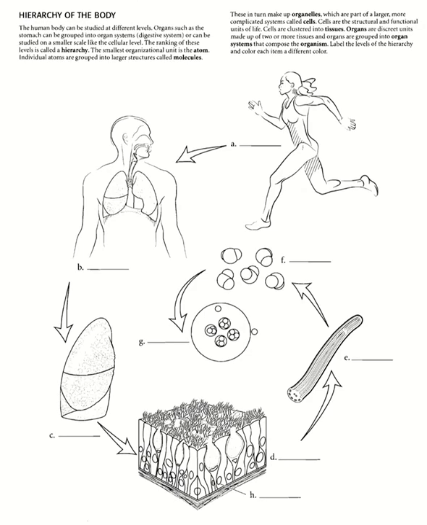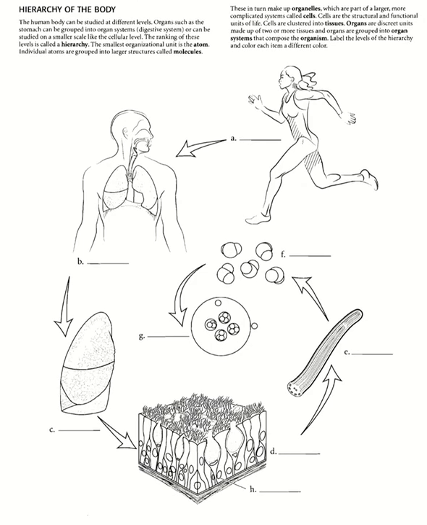This is something that you should be familiar with thanks to biology. Well, hopefully. This is our hierarchy of the body. So if we go from largest to smallest, we can start off with the organism. The organism consists of organ systems.